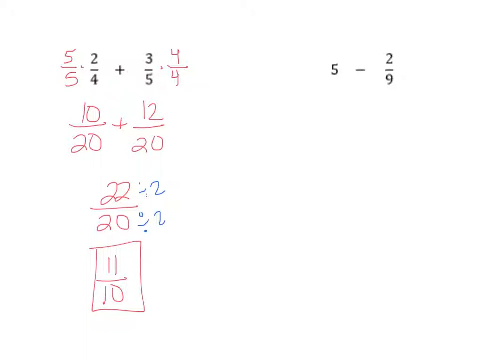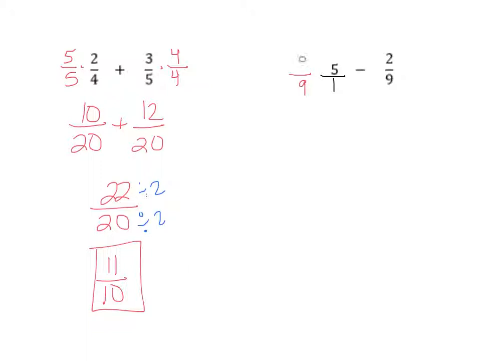Okay, let's try some weird ones here, like on this next one. This is strange because the first number is not a fraction. So anytime you get that, you immediately put it over 1 so that it looks like it's a fraction. So now you look to get a common denominator with these two. So I have a 1 and a 9. So they both go into 9. I won't have to change this fraction, but this one has to get multiplied by 9.